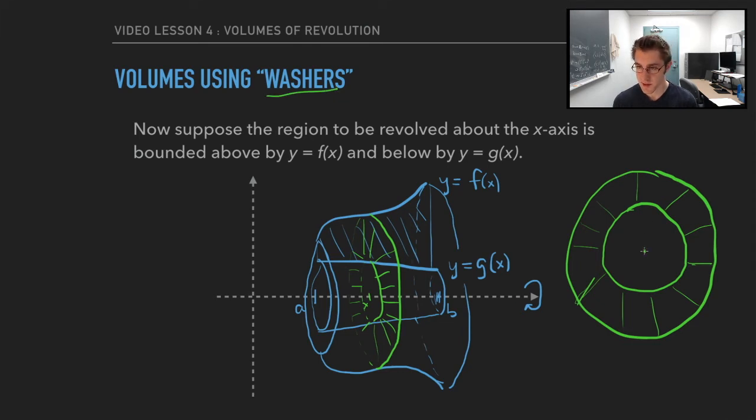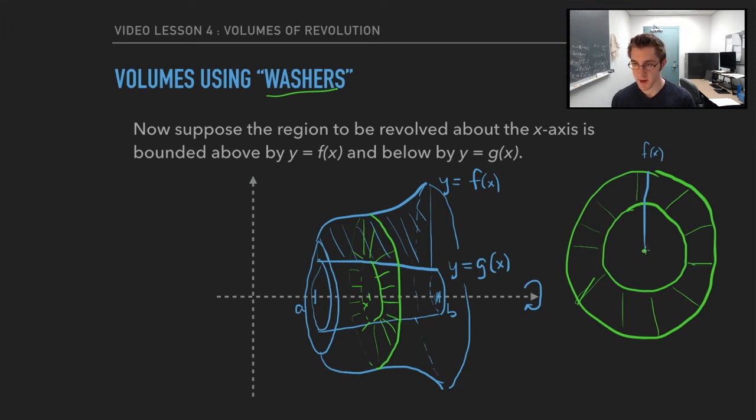So here's the center. That's where the x-axis would pass through this picture. In order to find the area of this, I need the outer radius. The outer radius is this distance, drawn in blue. This is f of x, because that's the larger of the two functions.